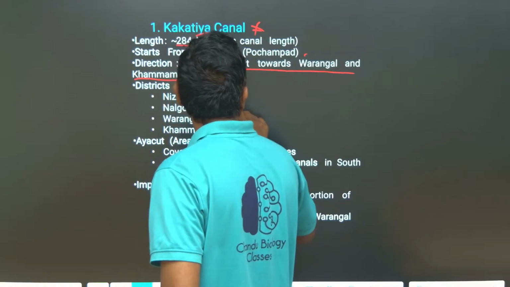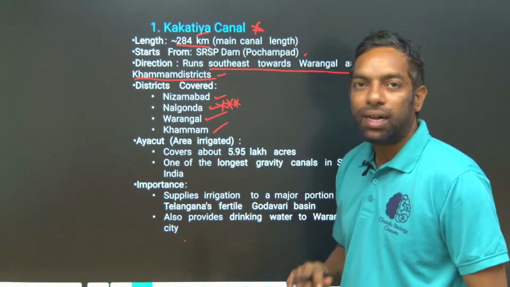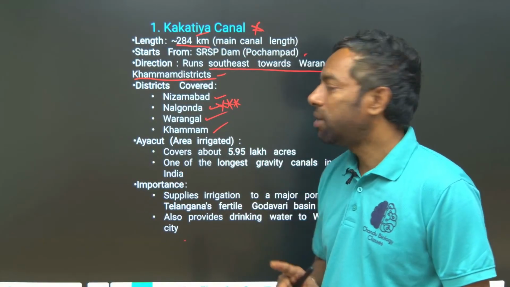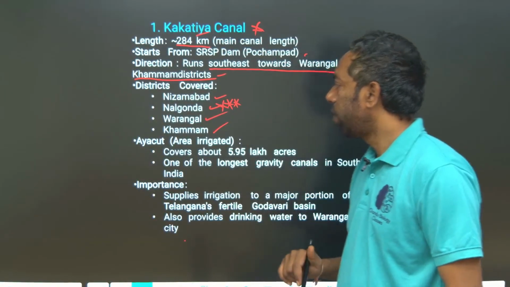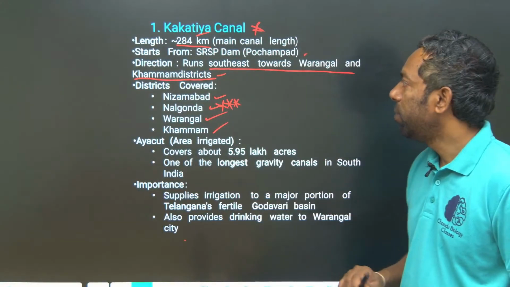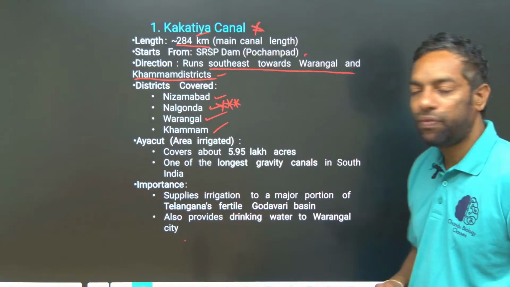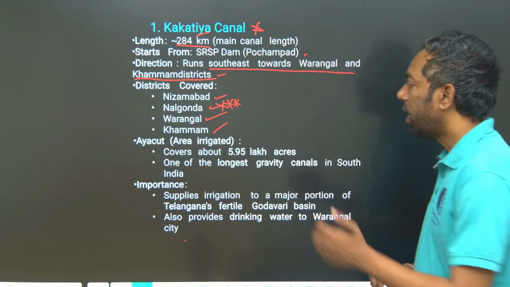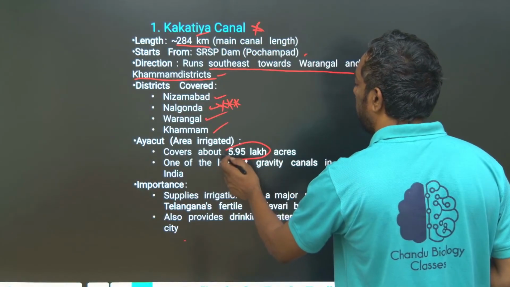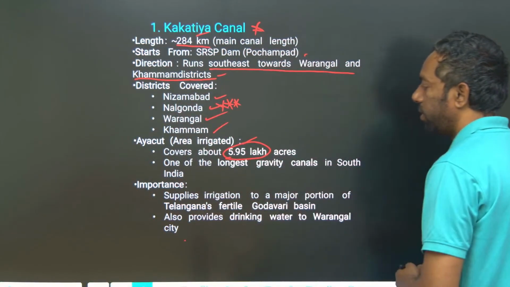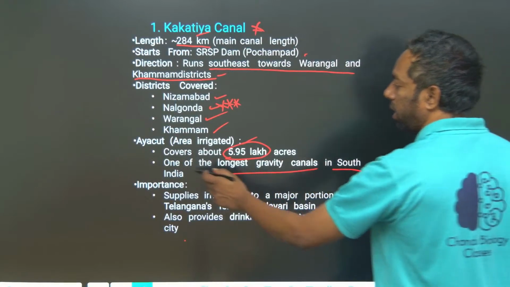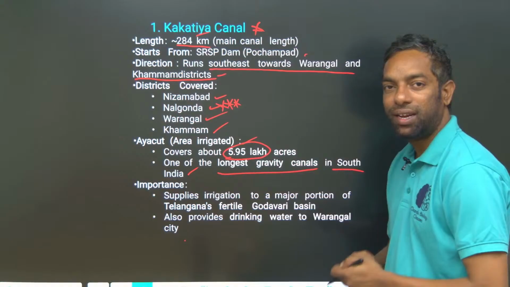The Kakatiya canal is 284 kilometers long, and the Ayakat irrigated covers about 5.95 lakh acres. It is the longest gravity canal in South India.